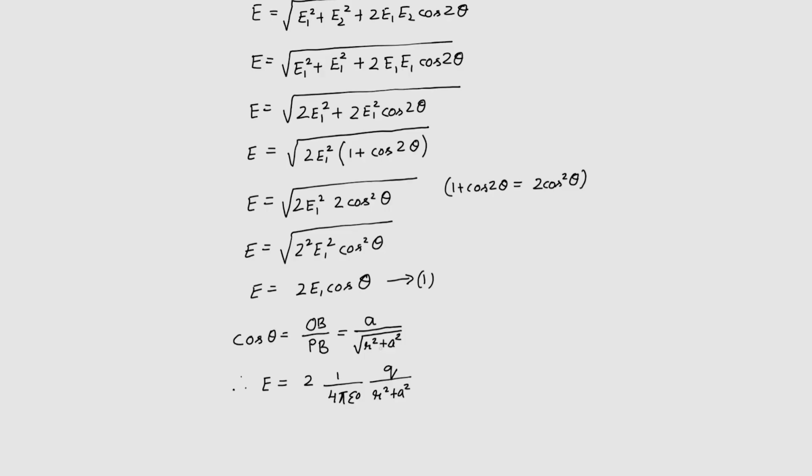And for cos theta, the value is A divided by root over R square plus A square.